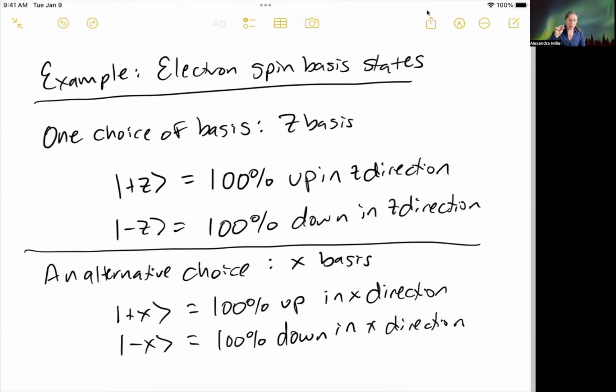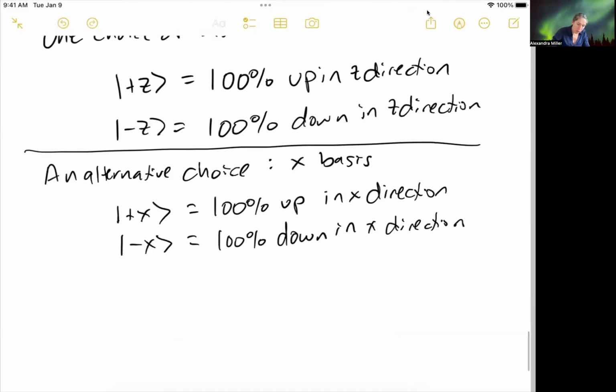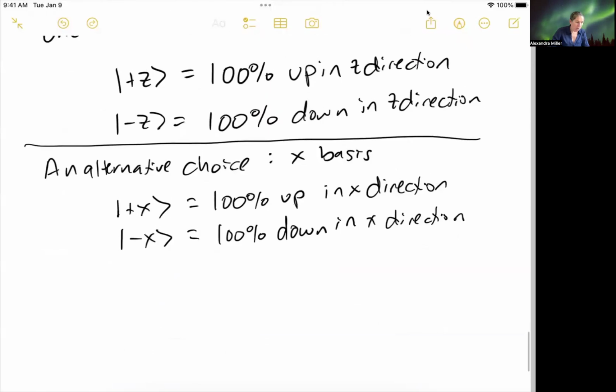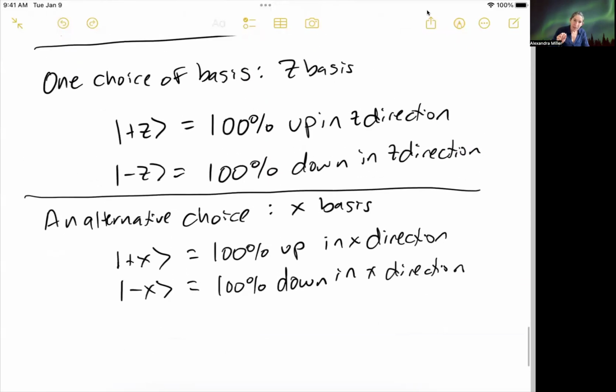The same general state, which in quantum mechanics could be a superposition state, could be represented either in the Z basis or in the X basis. The fact that these have definite outcomes is related to the fact that they are orthonormal.